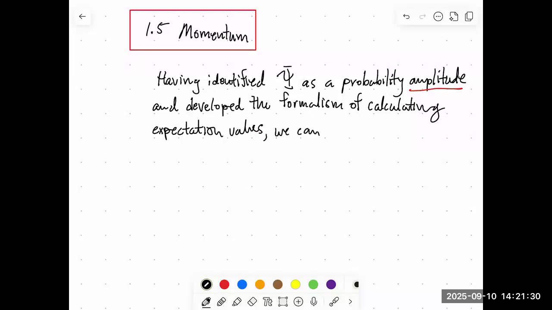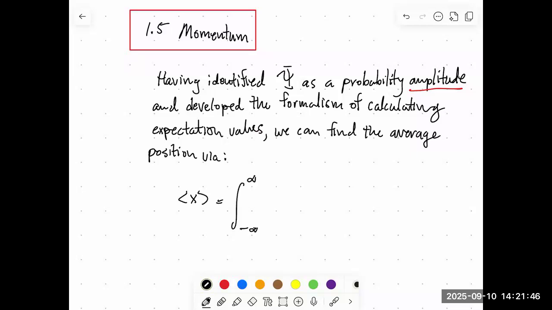We can find the average position via the expectation value of x, which is the integral from minus infinity to infinity of x times our probability density, which we get by squaring the wave function.